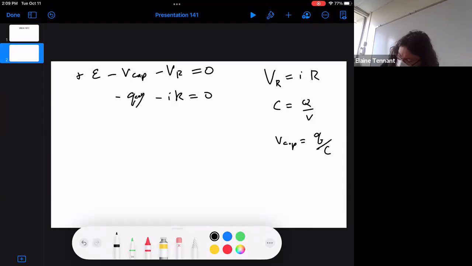So I'm going to write Q cap over C. There's my EMF. Okay.